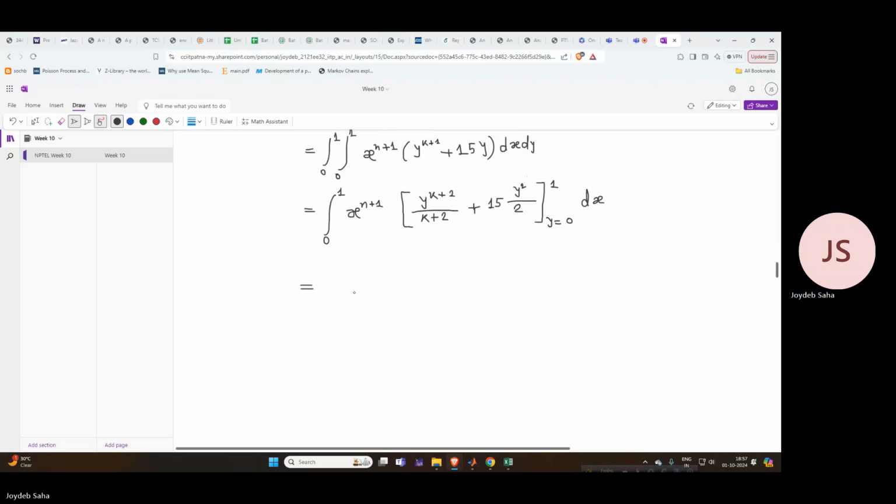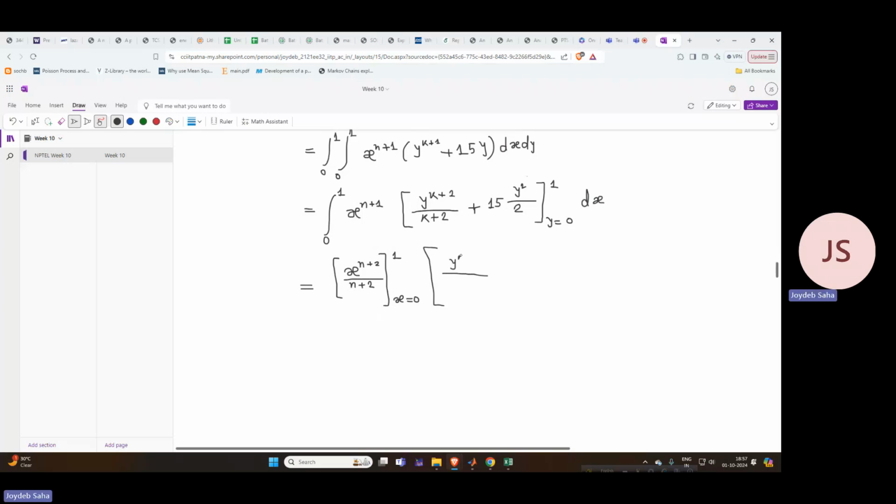Now if we integrate the rest of the part, then we will get x to the power n plus 2 divided by n plus 2. The limit is simply x is equal to 0 to 1, and the rest of the part is the same.